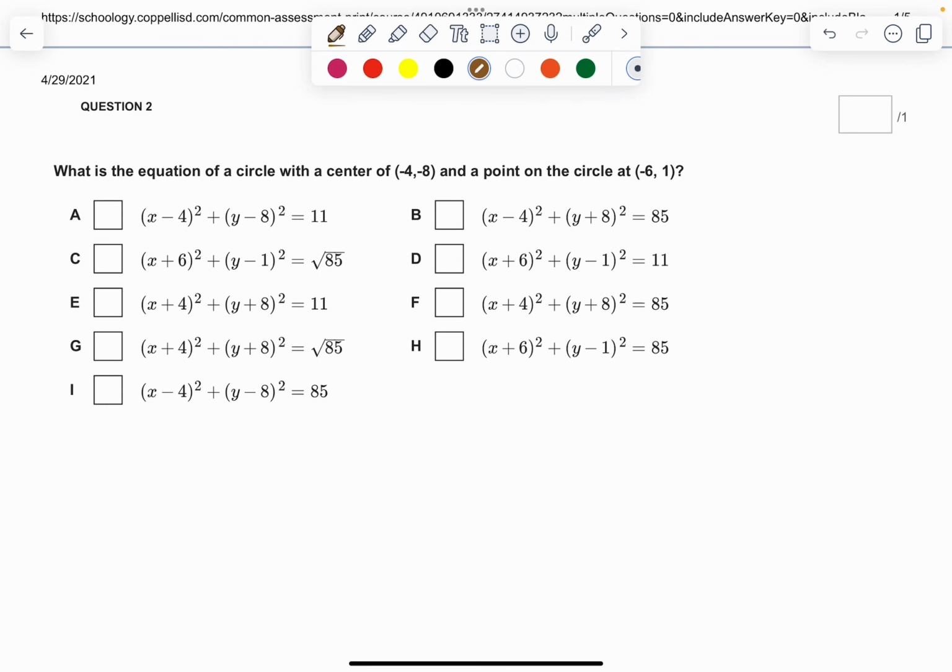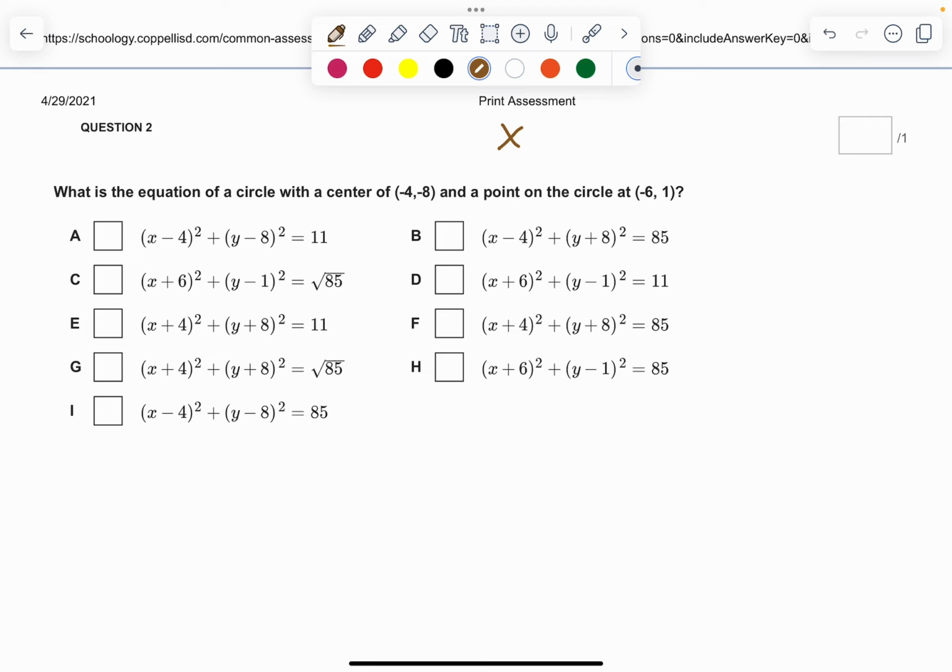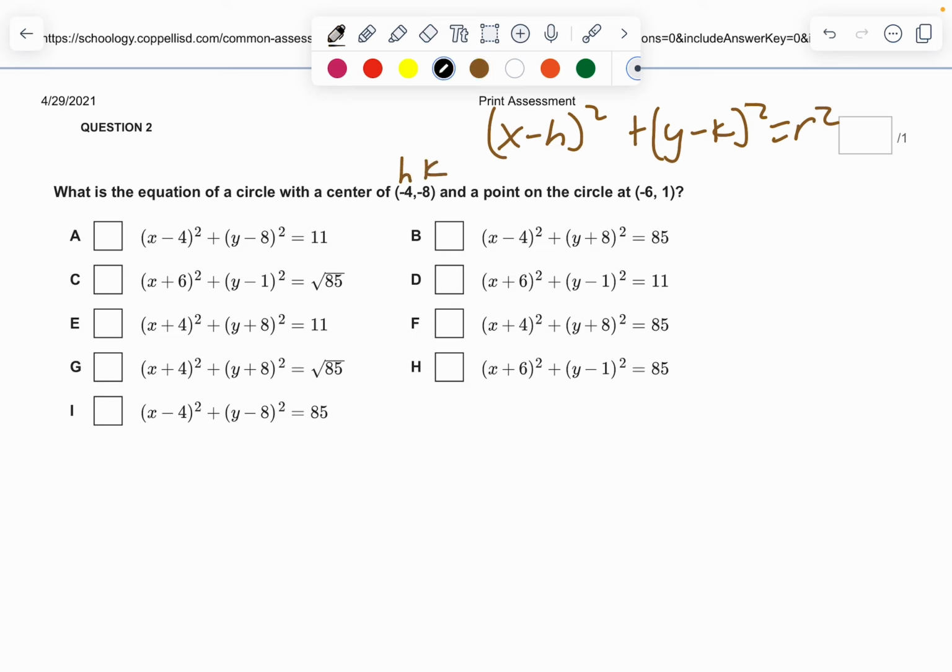All right, very similar situation. The equation of a circle is (x minus h) squared plus (y minus k) squared equals the radius squared. We learned that today. This is the center, so this is my h and my k. Plugging that in, we know it's going to be x plus 4, and since k is negative 8, it's going to be y plus 8.